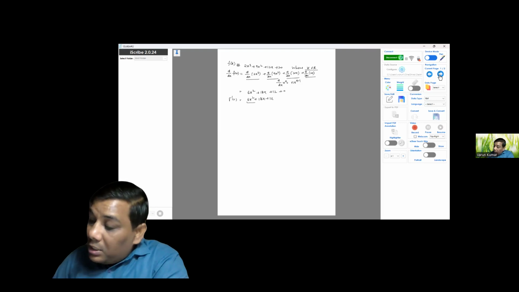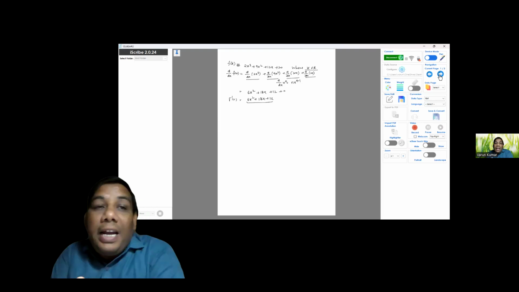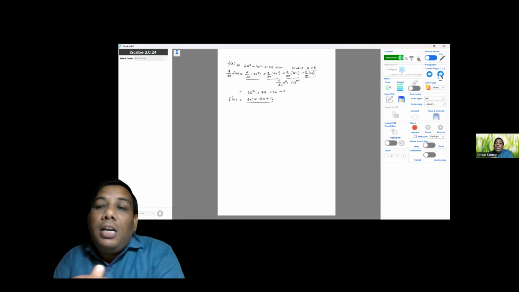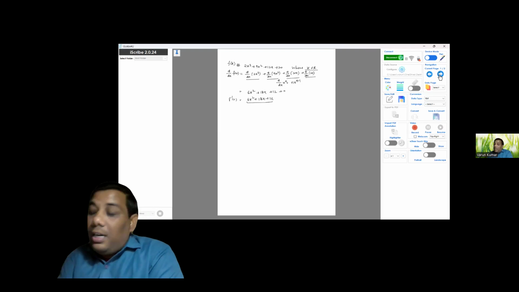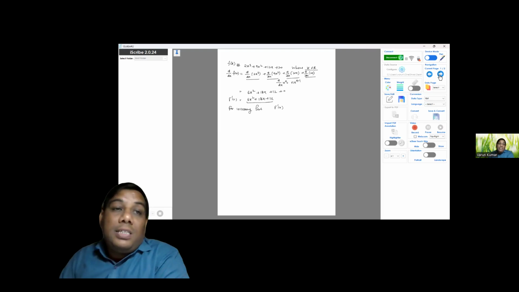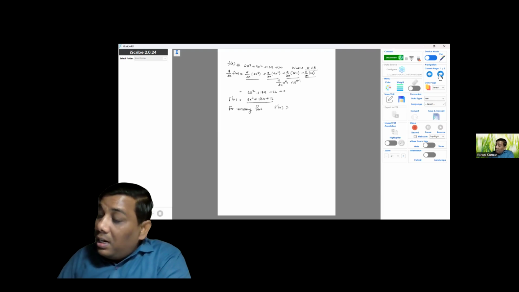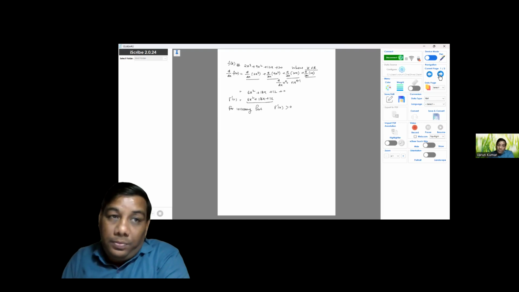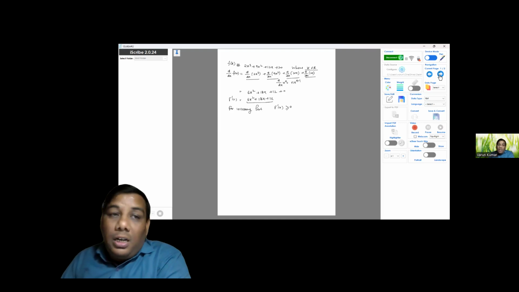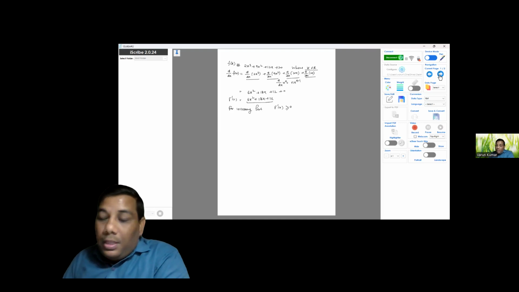Now from this, we have to decide the range of the function for the increasing interval and decreasing interval. For the increasing part, the derivative f'(x) must be greater than or equal to 0, strictly or not strictly.